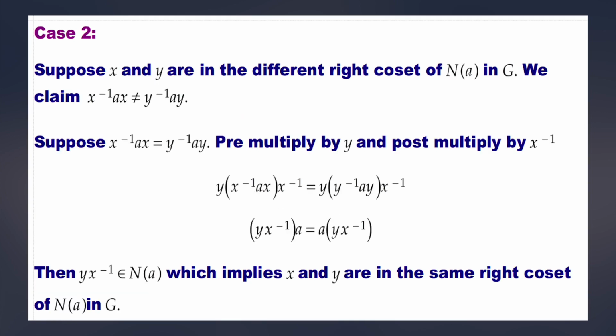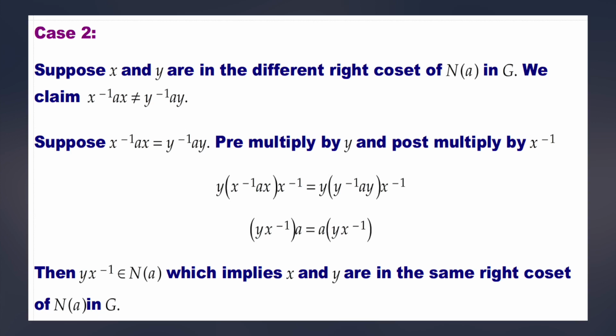Case 2: suppose x and y are in different right cosets of the normalizer of A in G. We claim that x inverse a x is not equal to y inverse a y. Suppose x inverse a x = y inverse a y. Pre-multiply by y, then post-multiply by x inverse.